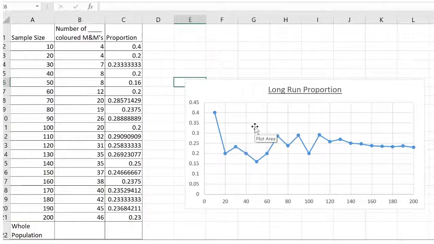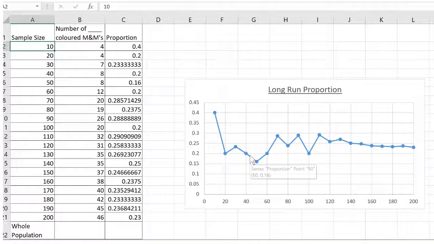So, Year 12, here's a sample response that I've had from previous years. And so what you can see is that with a sample size of 10, 4 out of the 10 had a certain colour. Now, that's quite high in comparison to taking a larger sample size. So when we had a sample size of 20, we noticed that it was 4 out of 20.